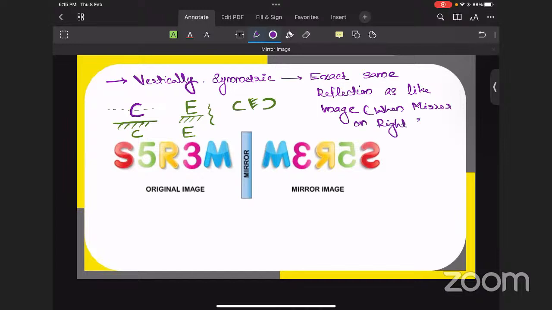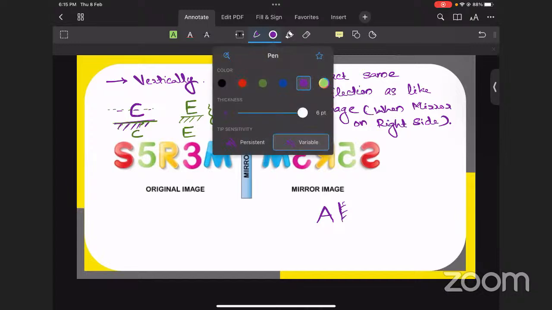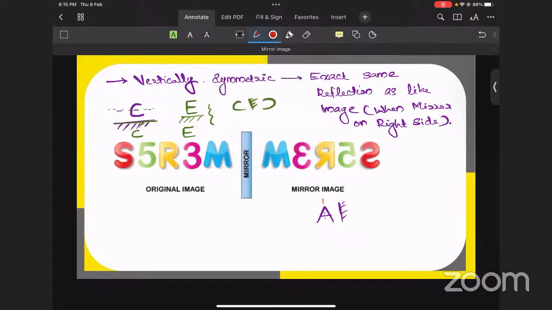When the mirror is on the bottom like this, horizontally symmetric things will be giving exactly the same reflections. So let's check some vertically symmetric letters. English alphabet A is vertically symmetric. When you introduce these dotted lines, you will be getting English alphabet A exactly like it.